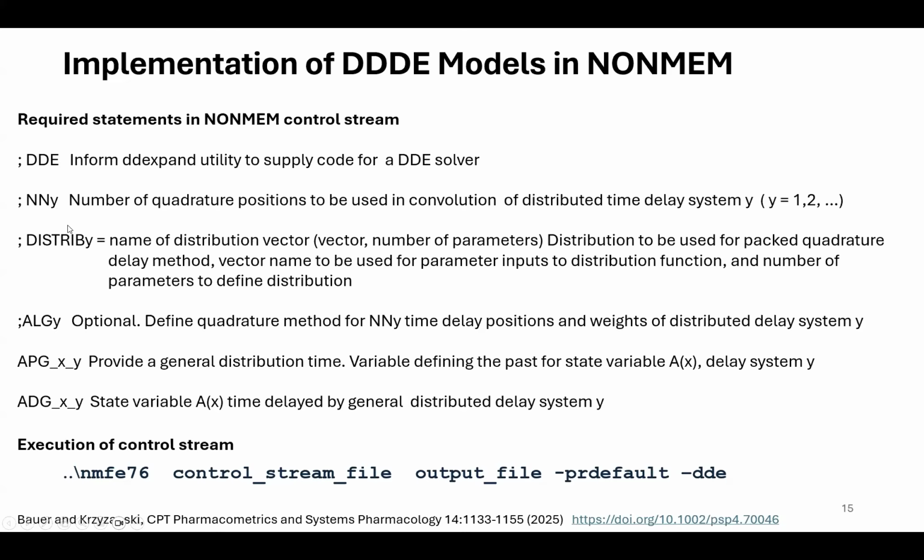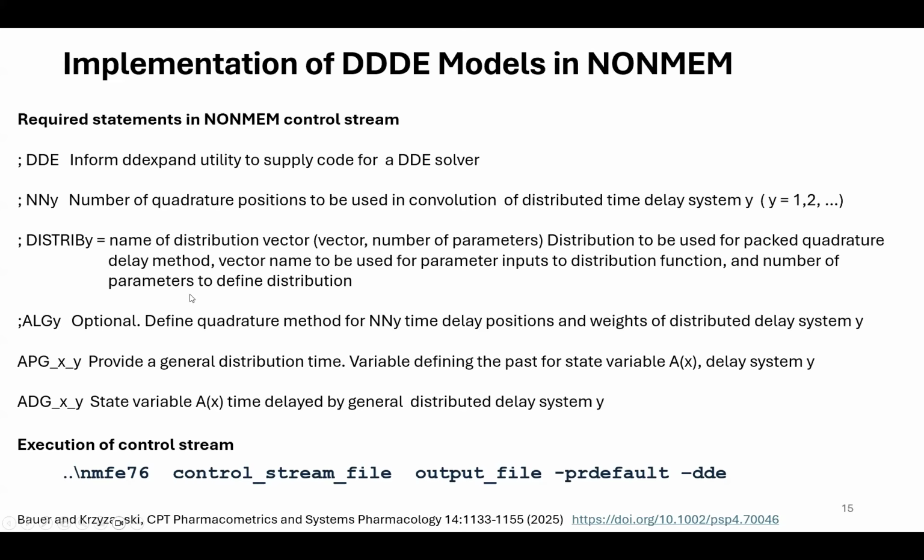And then you need to specify an algorithm by which the quadrature method calculates integrals. It is optional, and if it is not specified, the default quadrature method is Gauss-Legendre quadrature. But there are 2 more quadrature methods that can be specified. So this ALGY variable provides that.